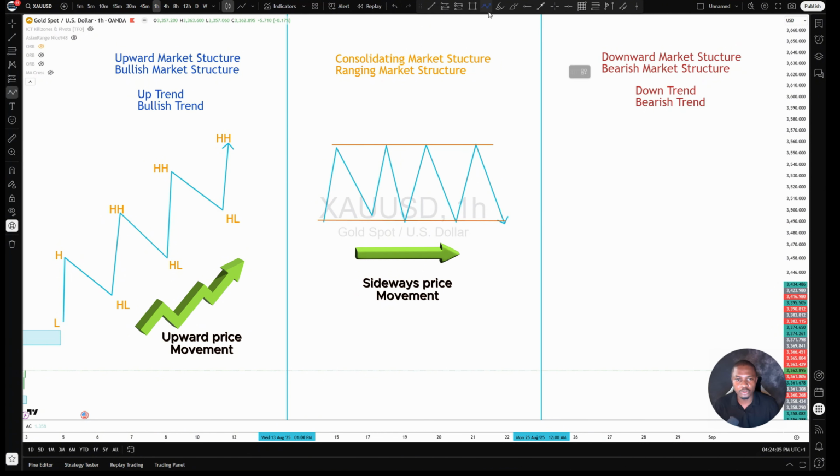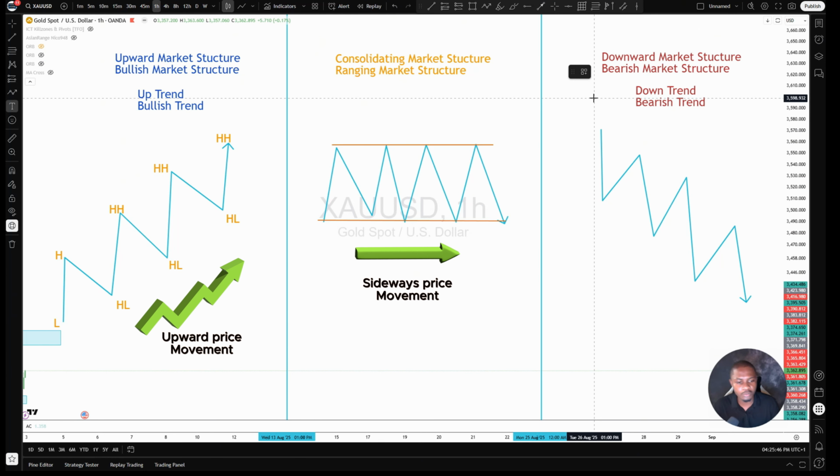For the bearish market structure, price is actually moving towards a downward direction. Now, if we have to illustrate this using a line chart, we have a high, a low, a lower high, a lower low, a lower high, a lower low, a lower high, a lower low.